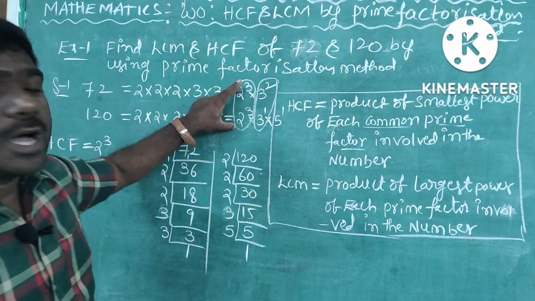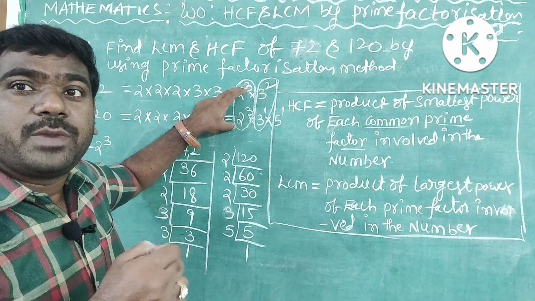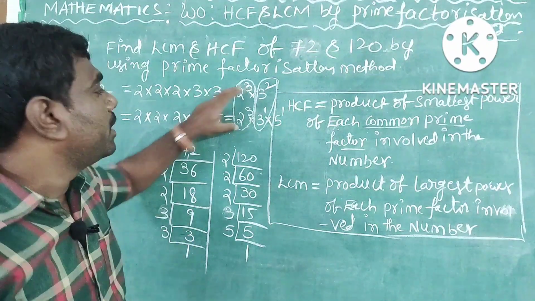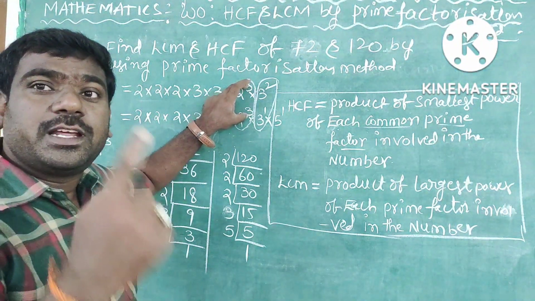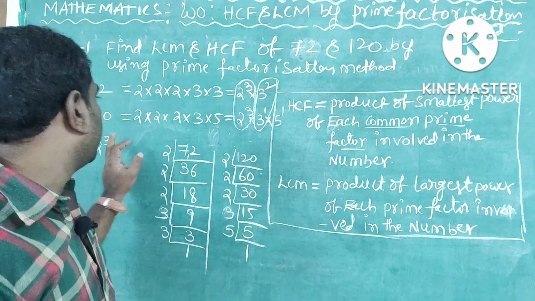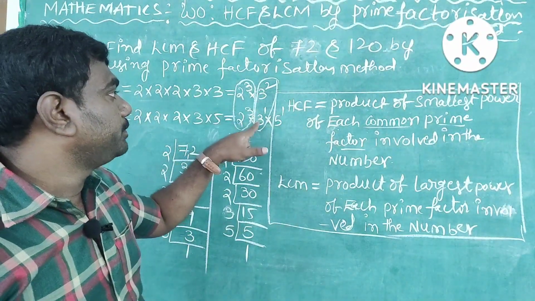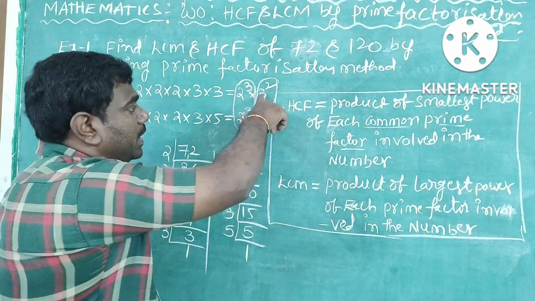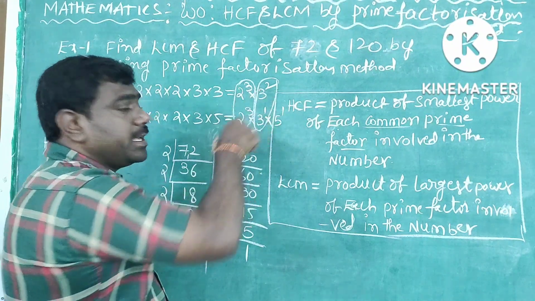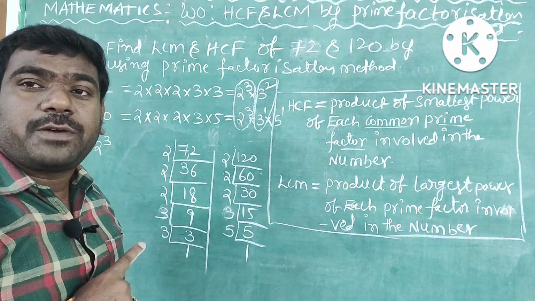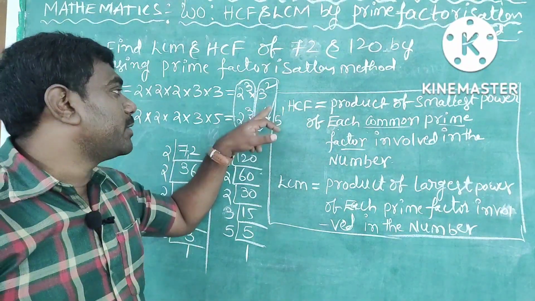Here both have equal powers, so I consider only one, that is 2 cube. So that is finished. Next, come to 3. 3 is a common number. But what is the smallest power here? Yes. 3 has the smallest power 1, here 2.